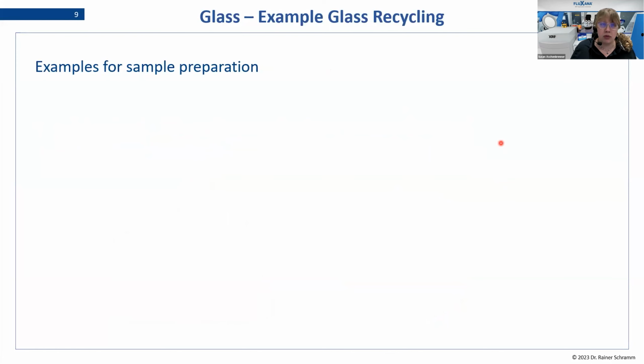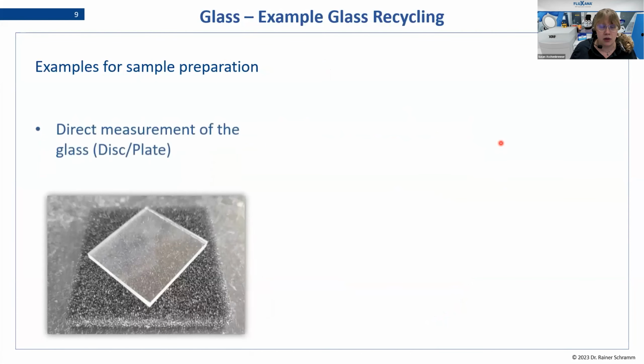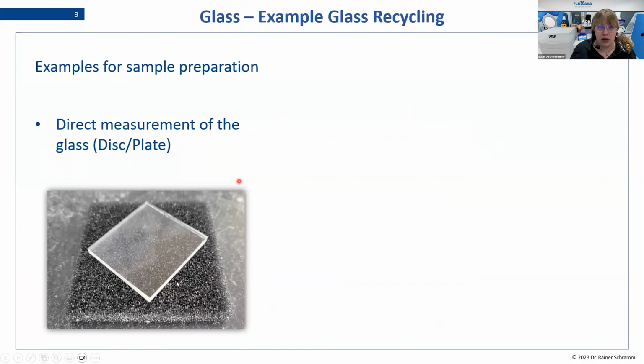I want to give you two examples of sample preparation for glass samples. First of all, if you're lucky and you have a disc or a plate like this, you can just measure directly without any sample preparation. This is the best case because it's very fast and still a very good measurement.